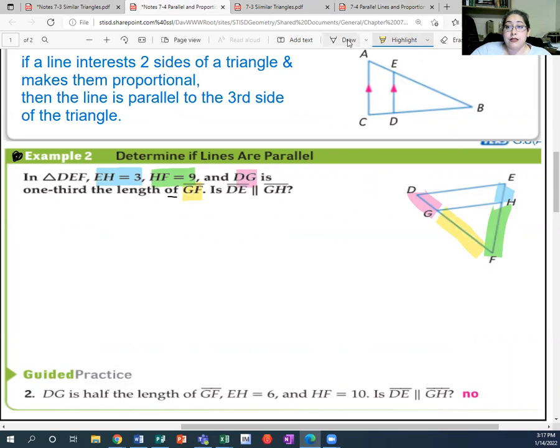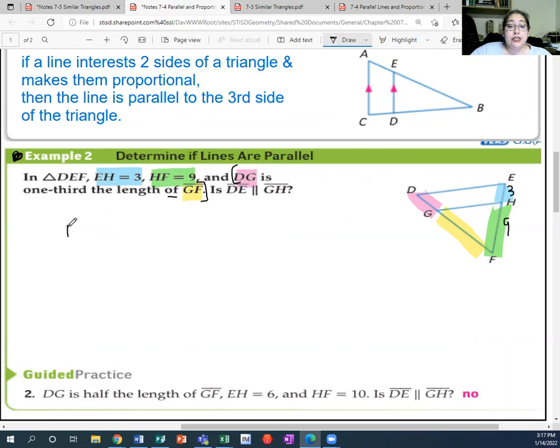Okay, so I've got some numbers. I have numbers here and I have numbers here, but I don't have any numbers on this side. All I have is this expression. I'm going to write out this expression that's sitting right here, and I'm going to translate it from English into math symbols.